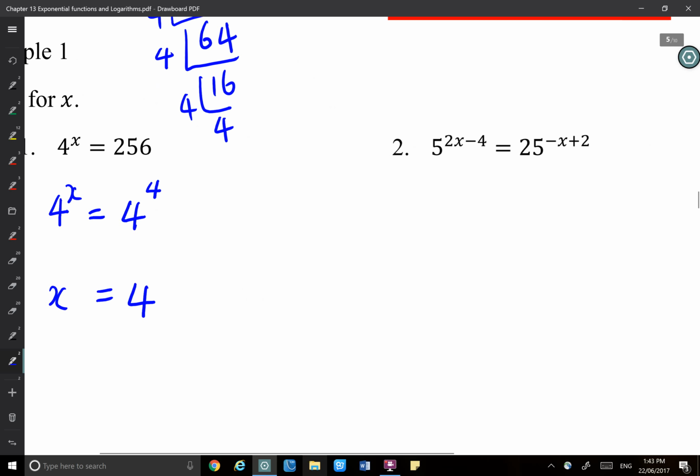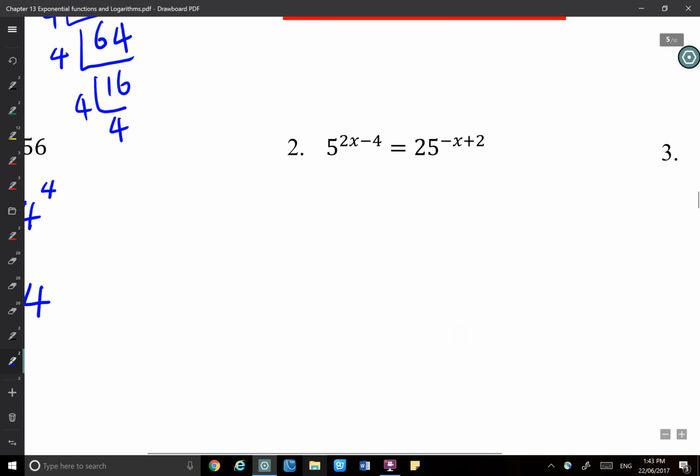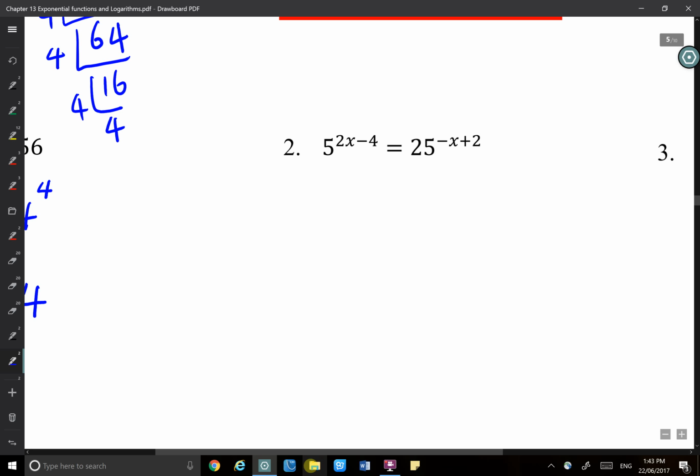Okay, next one. Next one I have 5 and 25. Well, definitely can make 5 to each other. Well, I can do another way, let's do an interesting way. Let's go for 5. I can factorize the top. The top becomes 2 times x minus 2. And this side still maintains minus x plus 2.